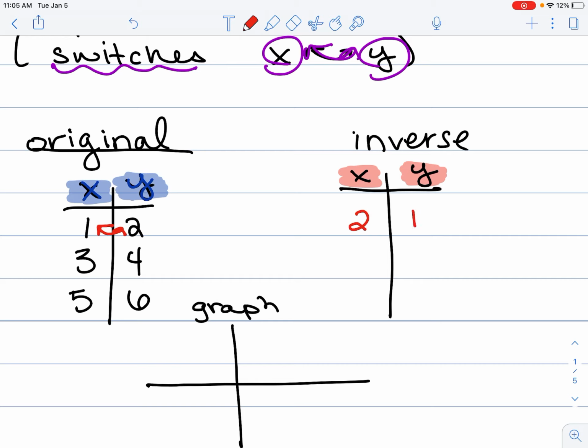So we're literally just taking those values of X and Y and switching them to find the inverse. All right, so if the original was input 3, output 4, the inverse is going to be input 4, output 3. And same thing here. If the original was input 5, output 6, we're going to now put input 6, output 5.